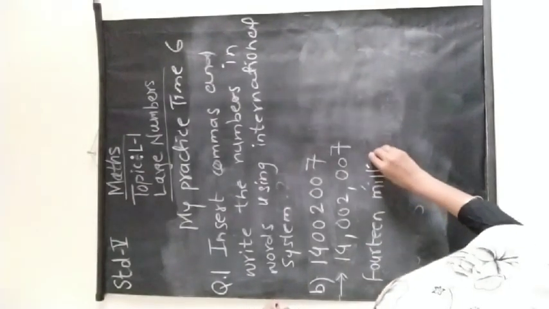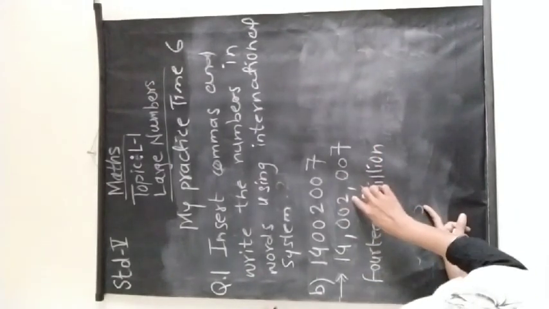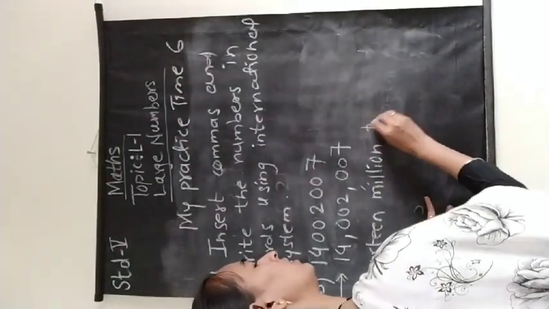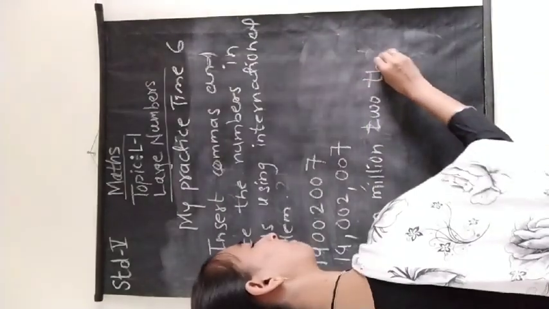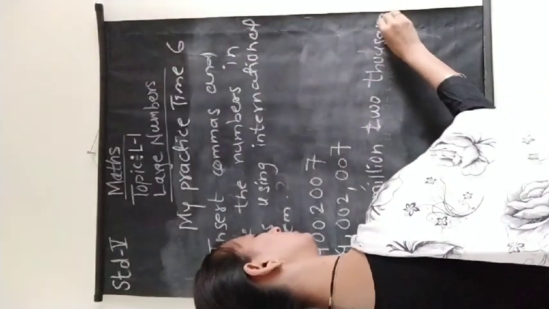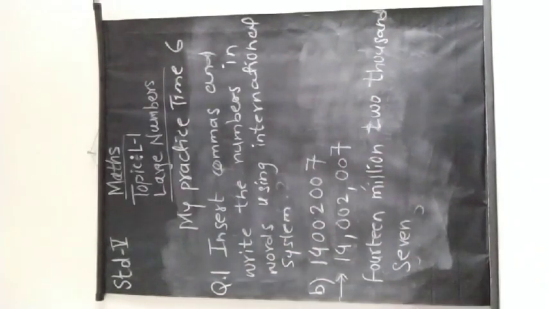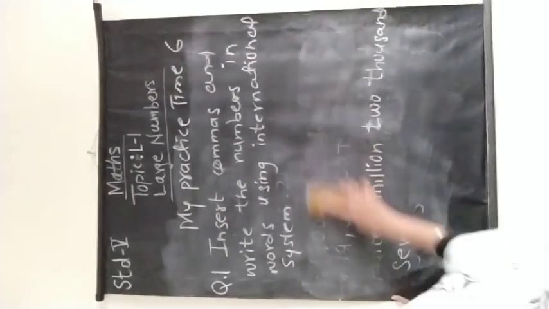Then the zeros, and after that the thousands place, so 2,000, and then only the 7. Understand how to write it: 14,002,007. Okay students, understand this? I will take one more example, the third one. Let's take the third example.